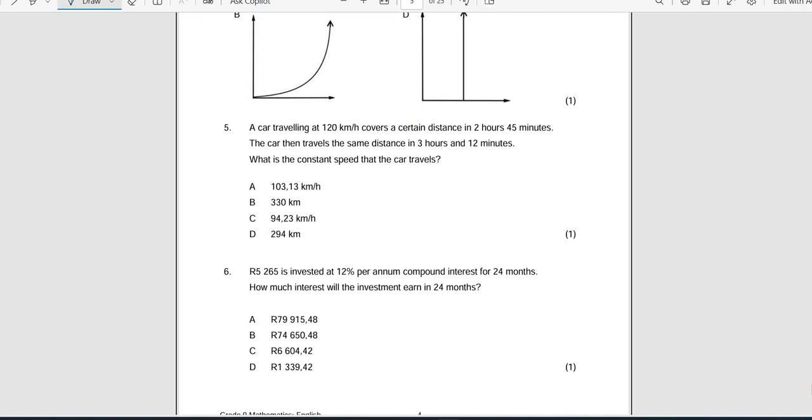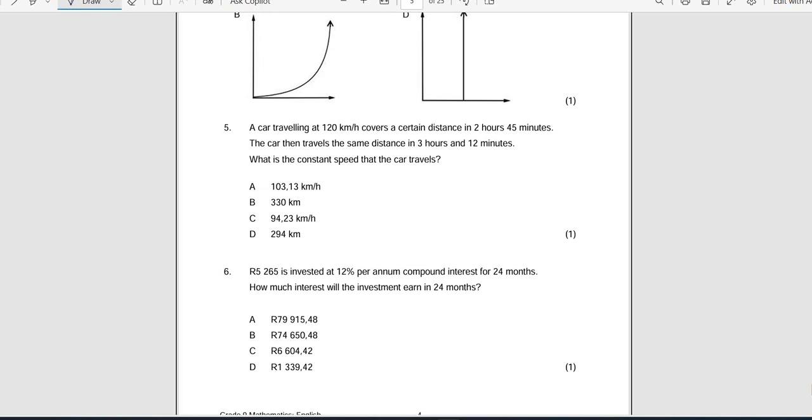So number 5, a car traveling at 120 kilometers per hour covers a certain distance in 2 hours 45 minutes. The car then travels the same distance in 3 hours and 12 minutes. What is the constant speed that the car travels?